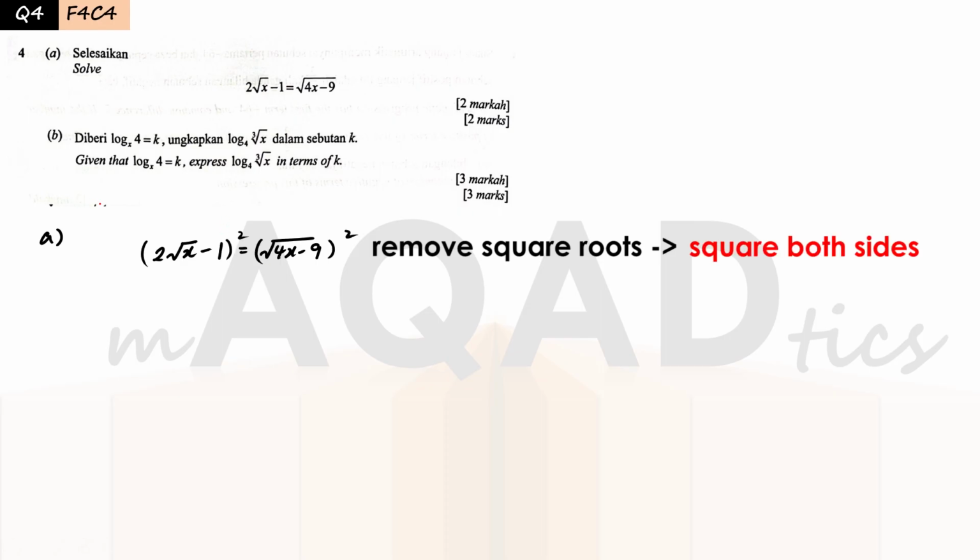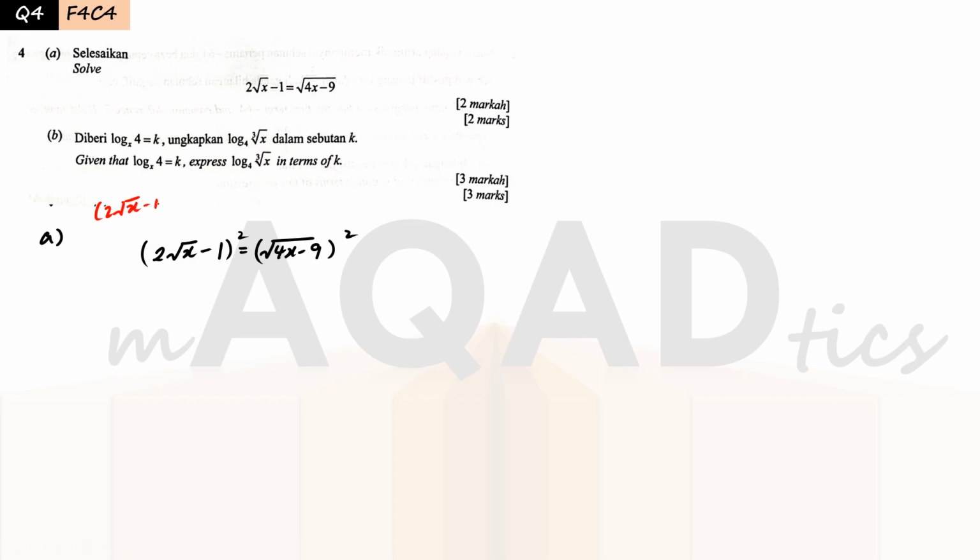For the left side, it will be something like this. We have these two things, 2 square root x minus 1. Then we need to cross multiply, right? If we cross multiply this one, it will be 2 times 2, 4, and then square root x multiplied by square root x would be just x.